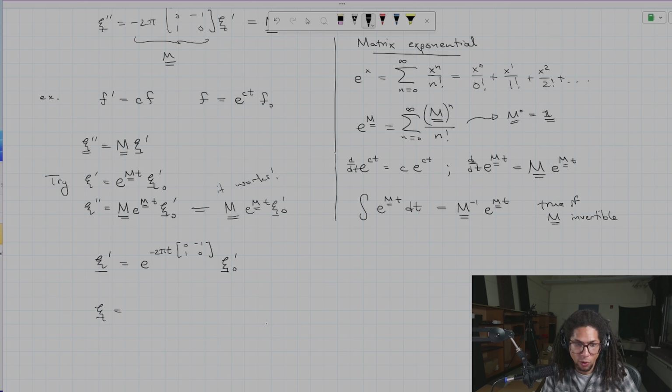Which is why it's so important that we reduced our attention to this two-dimensional case where this inverse did exist.